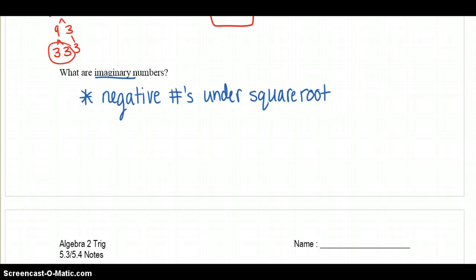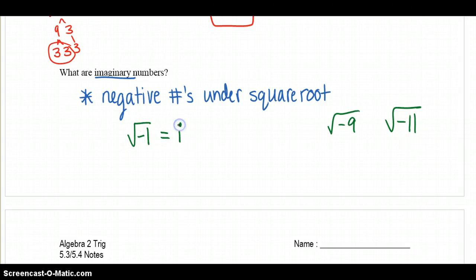And it actually happens when you take even roots, so square root, fourth root, sixth root, but we haven't dealt with those yet, so let's just focus on square root. Let's keep it simple. Okay, so something like the square root of negative 9, the square root of negative 11. All right, those are all imaginary numbers. And what we say is the square root of negative 1 is equal to i, and we let i just represent an imaginary number.